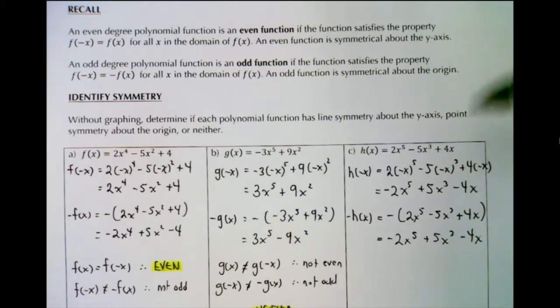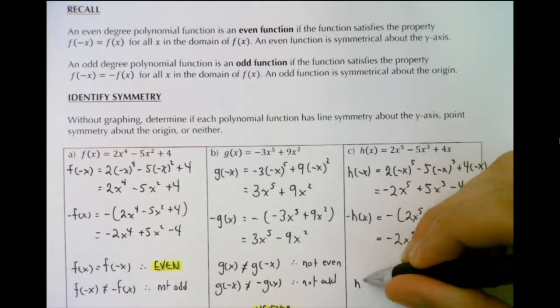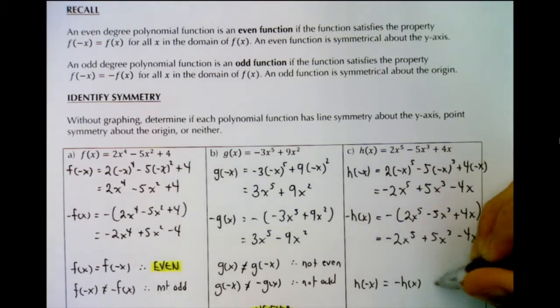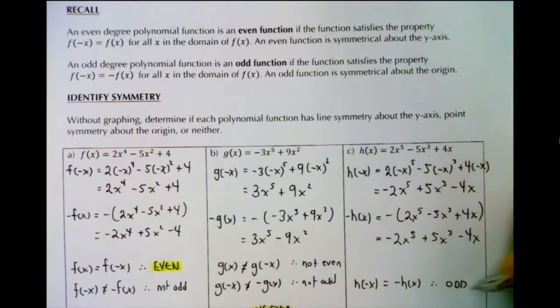The reason it happened up here was because each of the exponents was odd. The reason it happened down here is because we multiplied the whole function by negative 1. So realistically, these are the same thing. And when h of negative x equals negative h of x, that means we have an odd function.